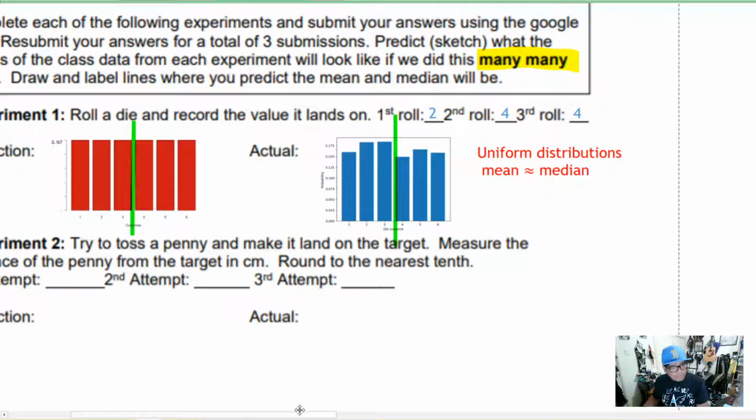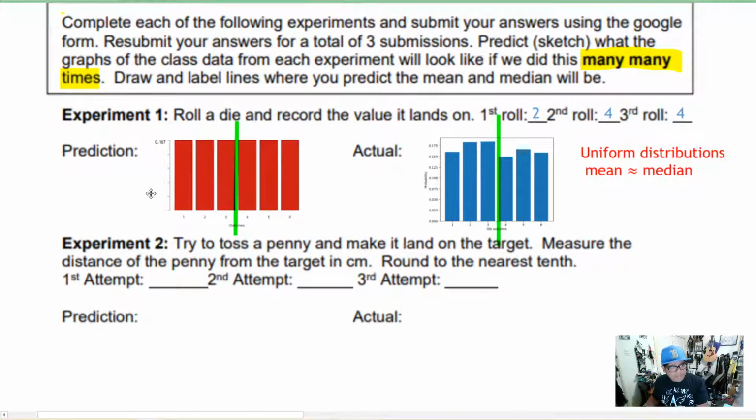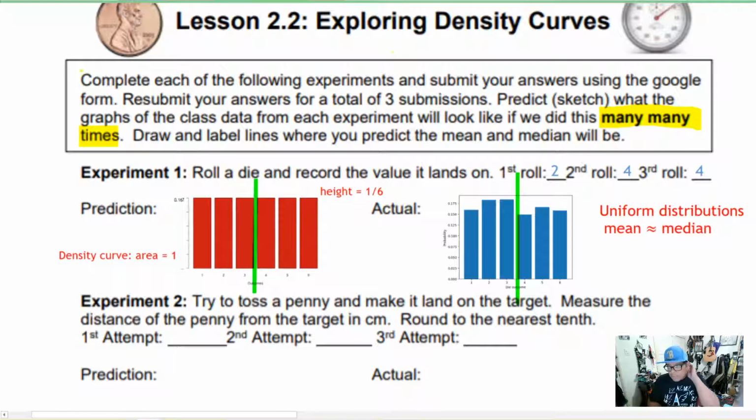One thing we could also talk about is that if we have this perfectly uniform distribution, then the height of all of these should be about the same. Since the area underneath this distribution should be 1, each of these heights should be 1/6. Whenever we represent area and probability as the same thing, like we're doing here, we call the resulting curve a density curve.